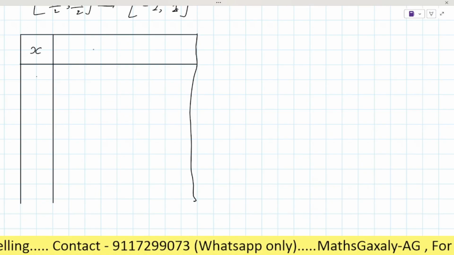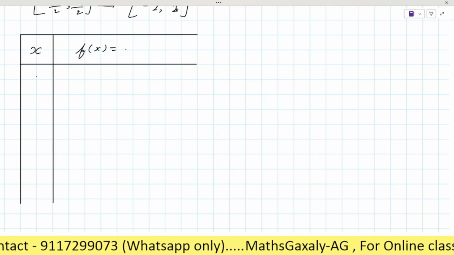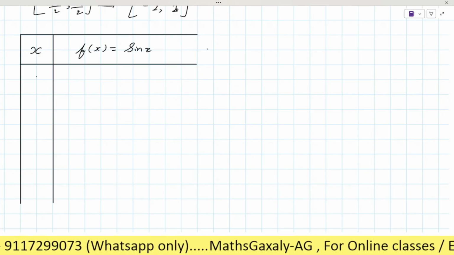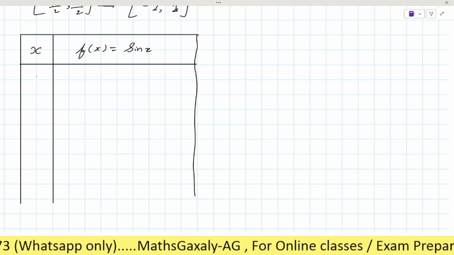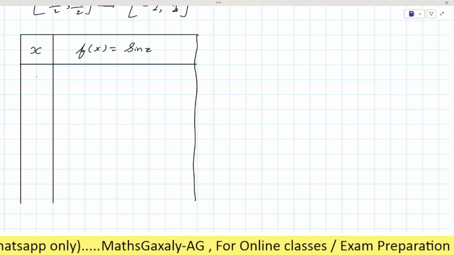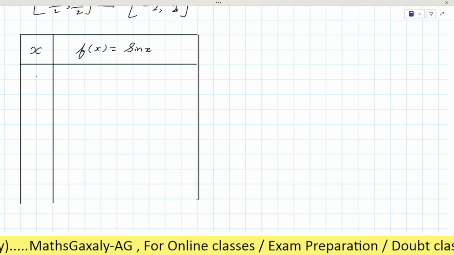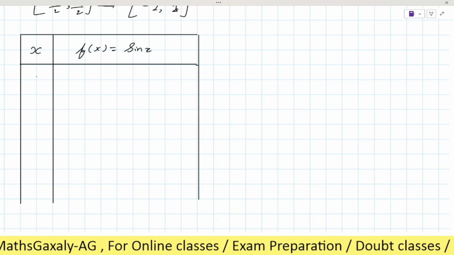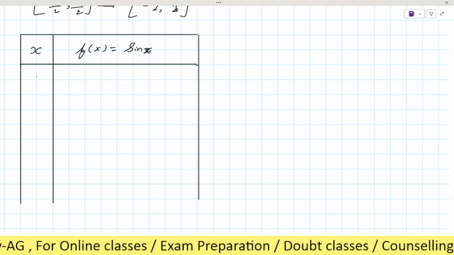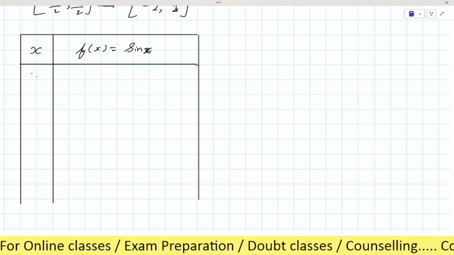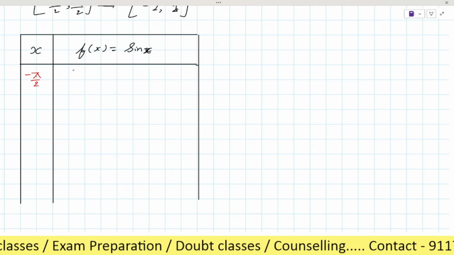Here it will be x, and here the function f(x), which will be sin x. So when we put the value of x as minus pi by 2, what we will get?